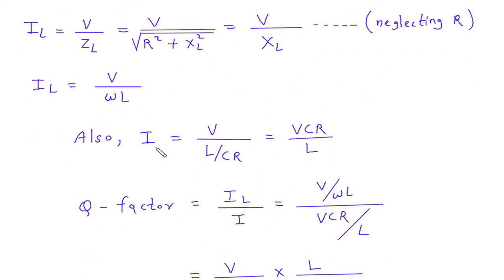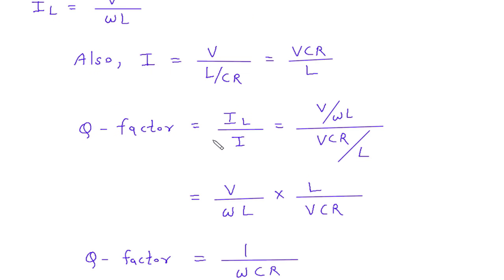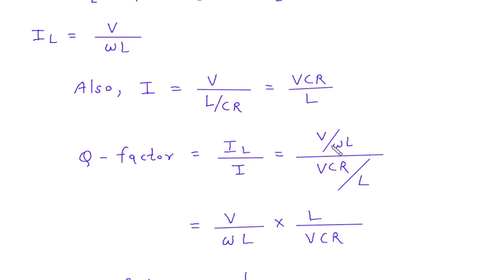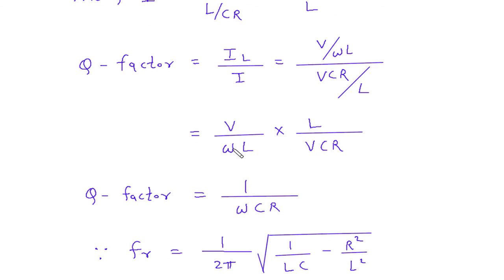Then supply current I is equal to V by L by CR. So this denominator will go in numerator, so I is equal to VCR by L. Quality factor is equal to IL by I, so it is V by omega L, and I is equal to VCR by L. Simplifying, V by omega L into L by VCR.